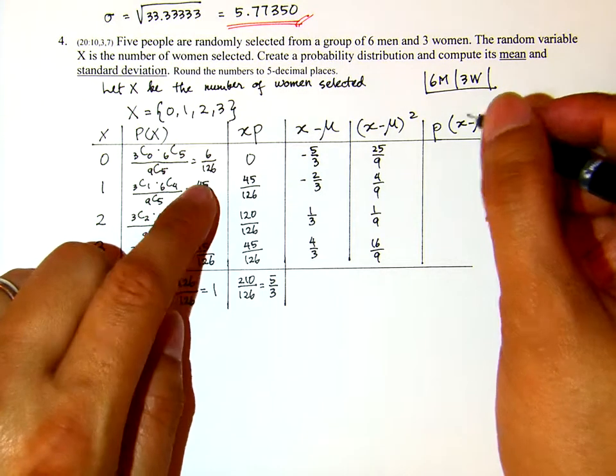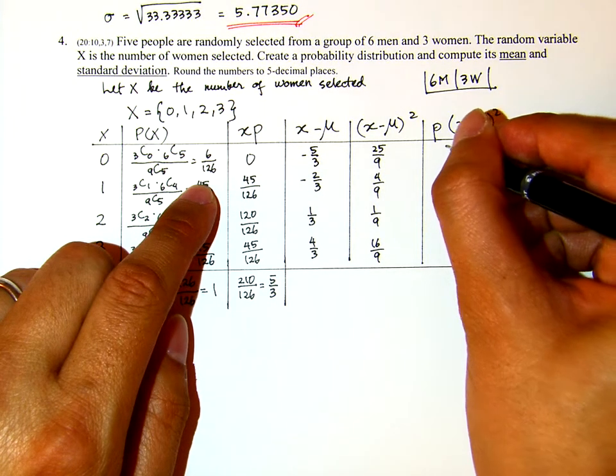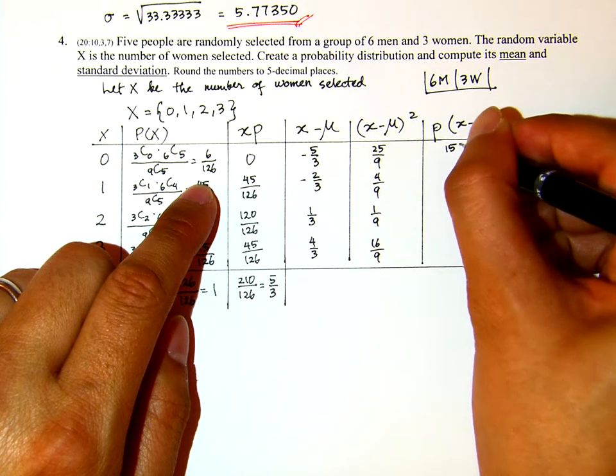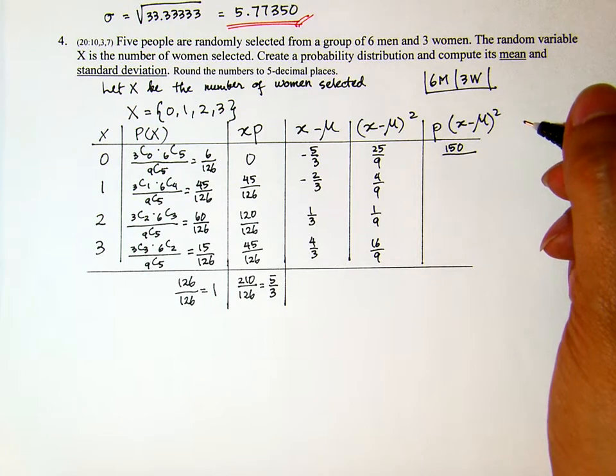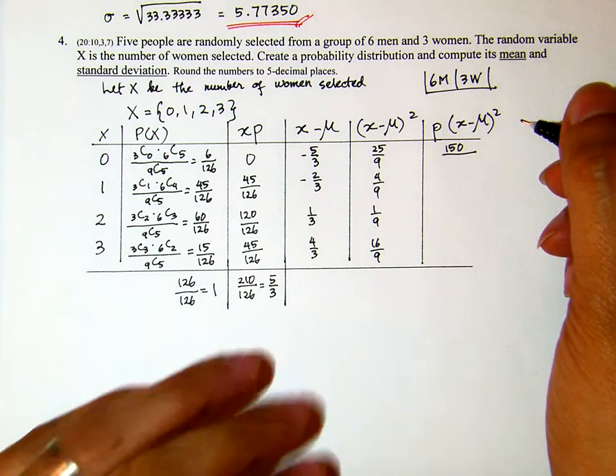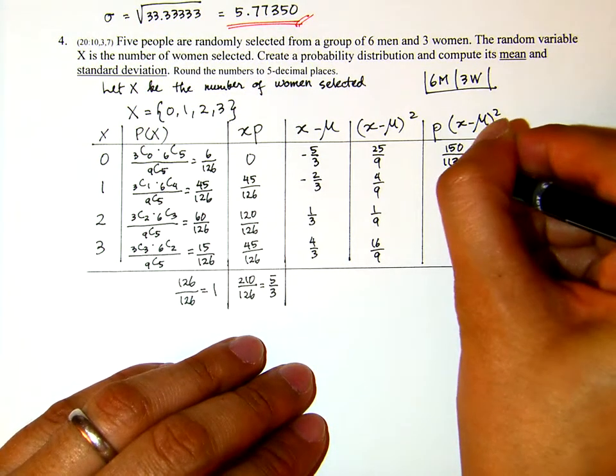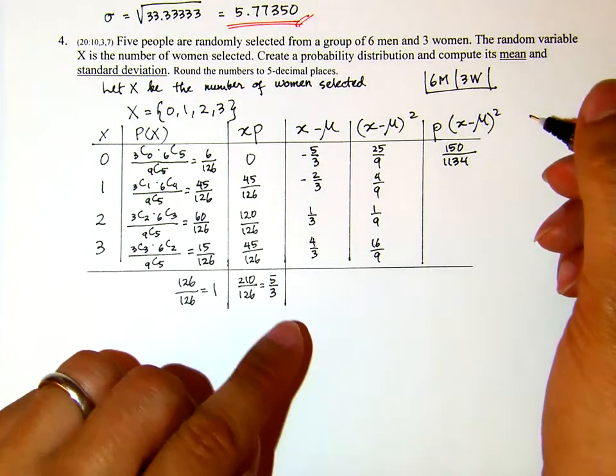Let's see, 6 times 25 is 150 over 126 times 9. 126 times 9, that is 1134. Actually, I can reduce this, but I'll do it later.